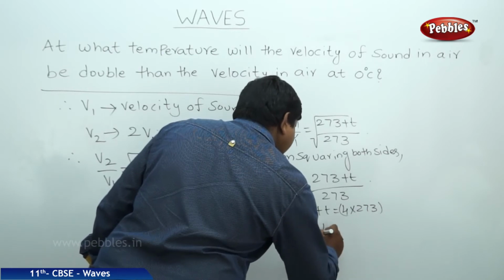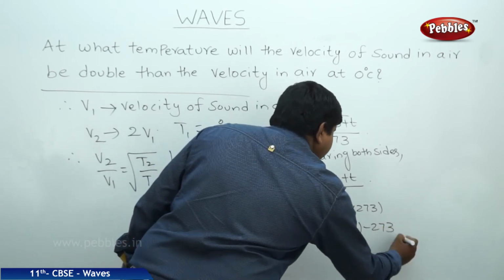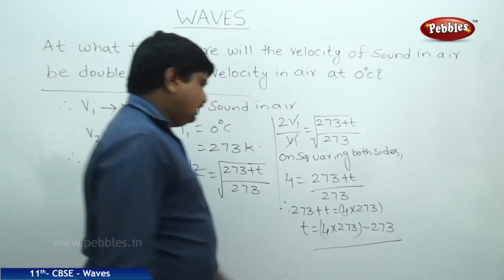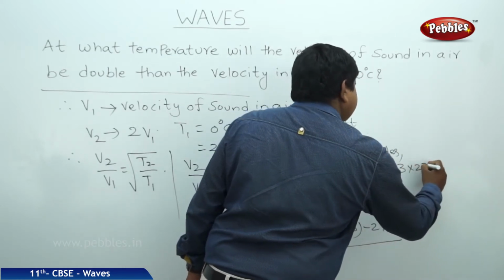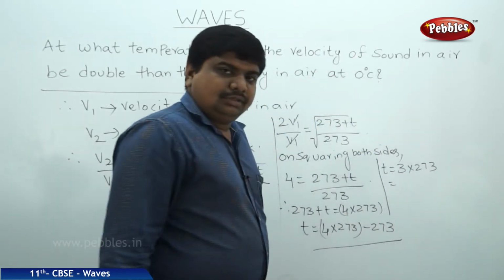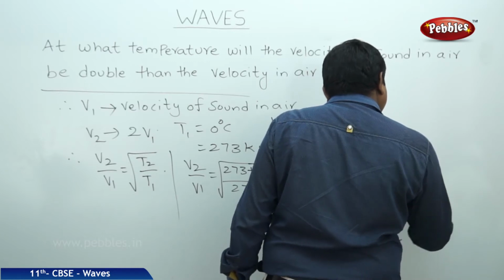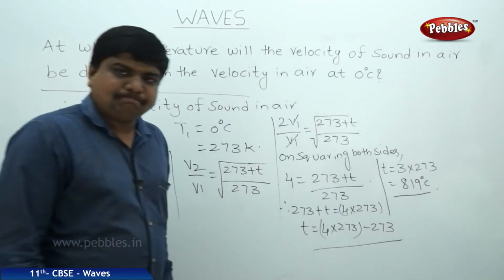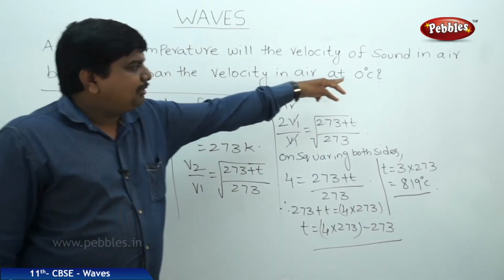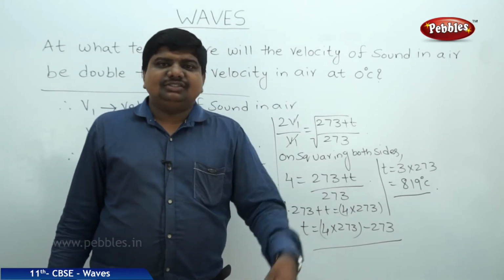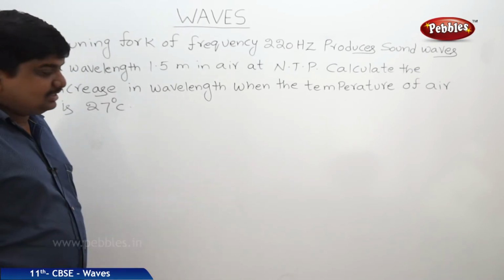Therefore T is equal to 4 into 273 minus 273, which is 3 into 273, 819 degrees Celsius. So at 819 degrees Celsius, the speed of sound will become twice the speed of sound in air at 0 degrees Celsius. This is the problem related to the concept of velocity and temperature effects.